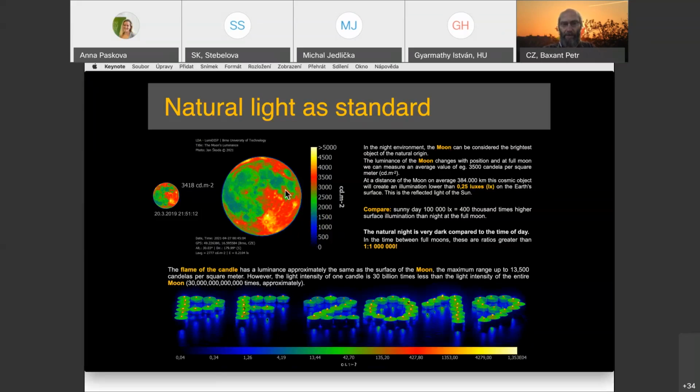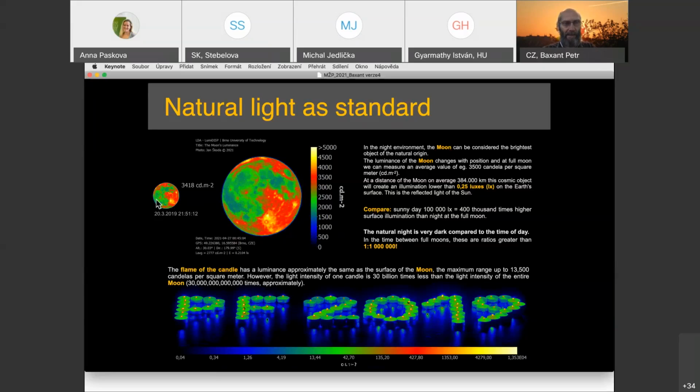The ratio between the full moon and a full sunny day, if we compare the ratios of illuminance, is bigger than 1 to 1 million. In this dynamic change between day and night, as we can see in this picture, the average luminance on the moon can be measured at levels around thousands of candela per square meter, and it depends on the position of the moon in the sky.